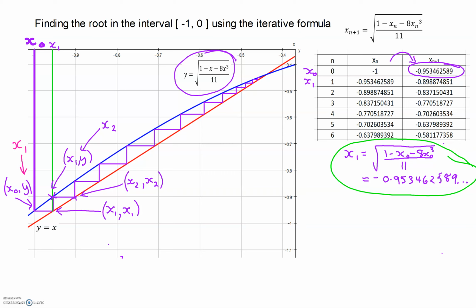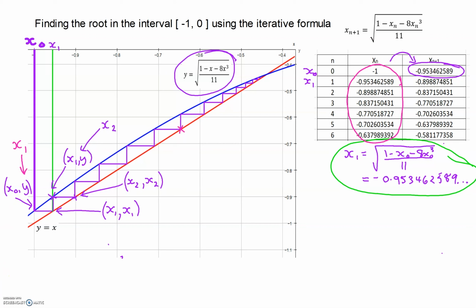So our negative values are getting greater and greater, and we're heading somewhere between negative 0.5 and negative 0.4. The values that we have in our Excel spreadsheet, all these values of x, are being generated by the iterative formula, and they are being represented by the different steps as you carry up the staircase.